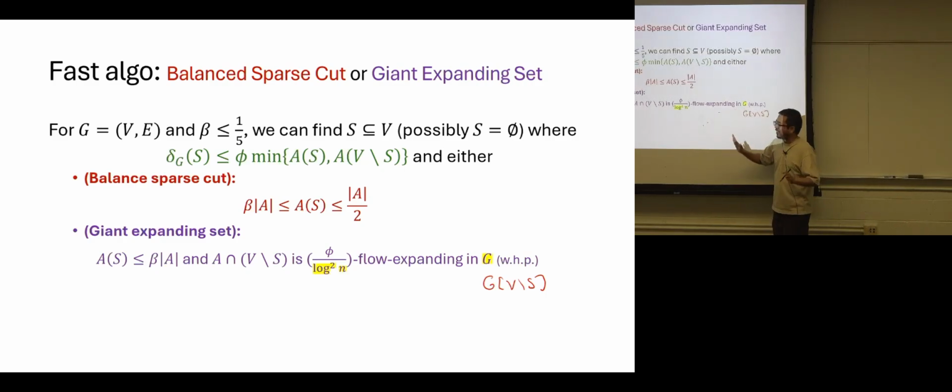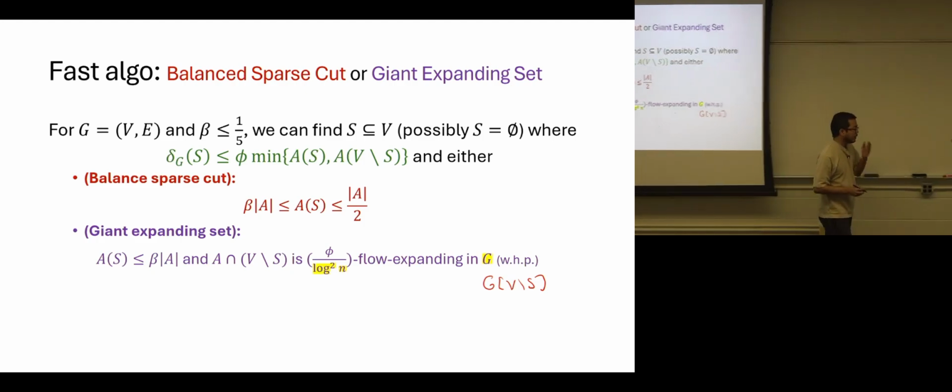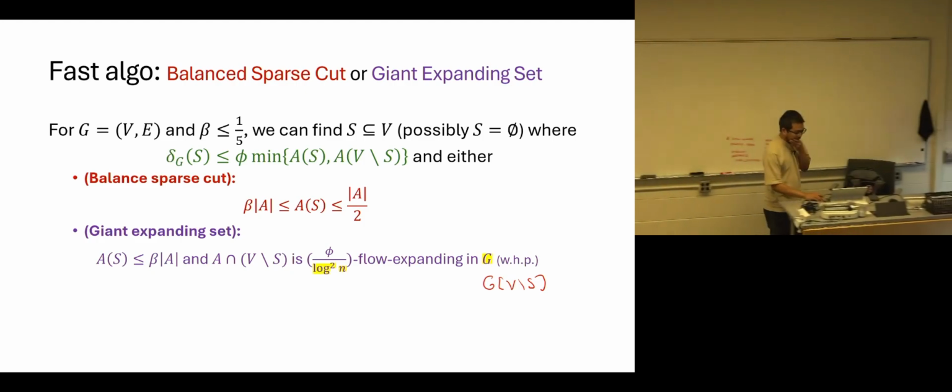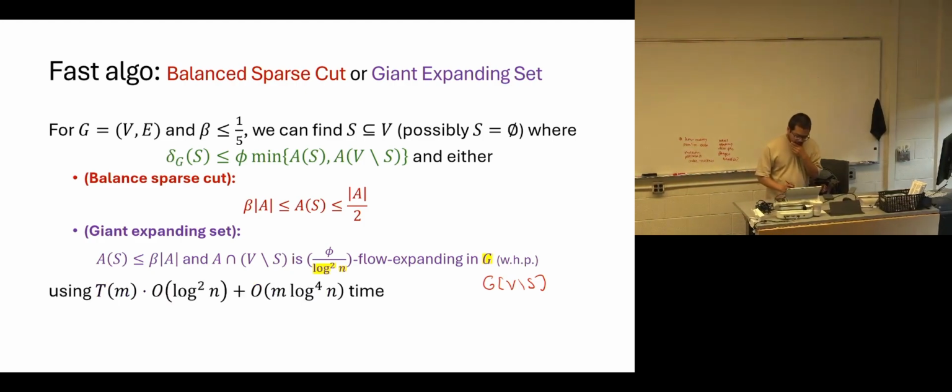So this is weaker, right? Because you can send flow in the whole graph instead of sending flow restricted to this subgraph. Okay, so we get something weaker here, but we're going to do this in fast time, cut matching game time.